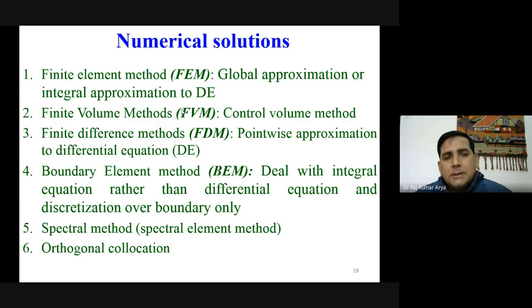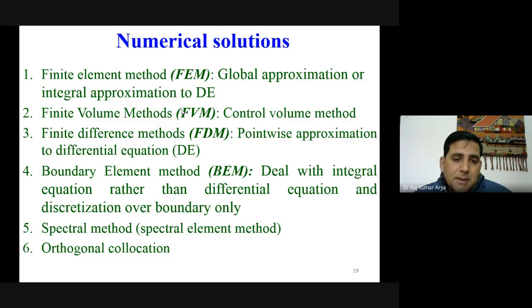Then you have finite difference, which we have already talked about. There you discretize the entire domain into various grid points, and you can control your grid points, but they would be of equal size. Then there is the boundary element method, which deals with integral equations rather than differential ones, so you discretize and solve only on the boundaries.